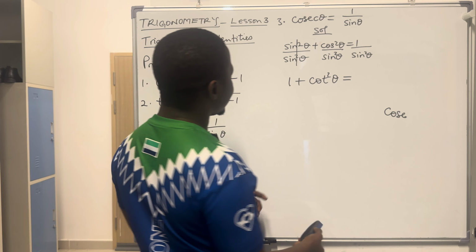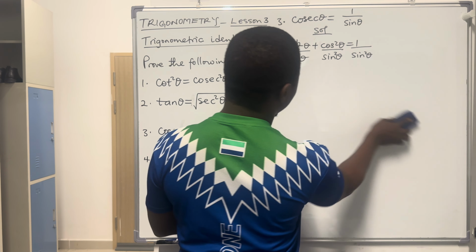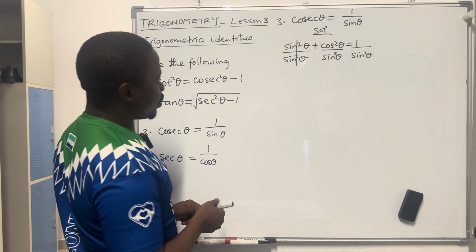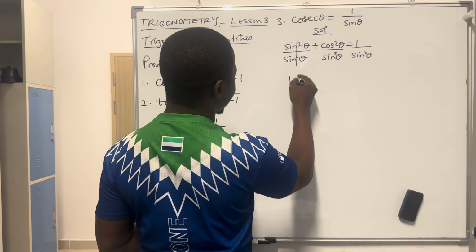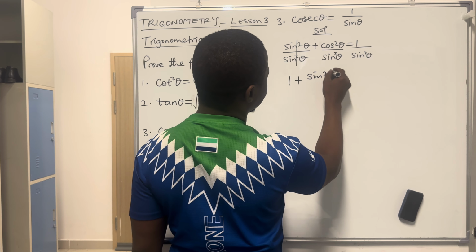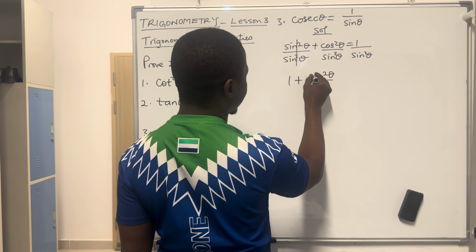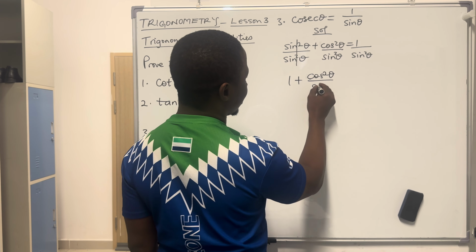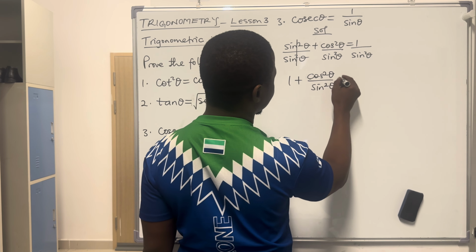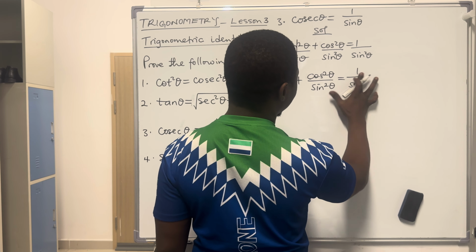So let's not bring something new. We don't need to bring something new. So what do we do here? This gives us 1. Oh, sorry. Cos square theta over sine square theta, which is equal to 1 over sine square theta.